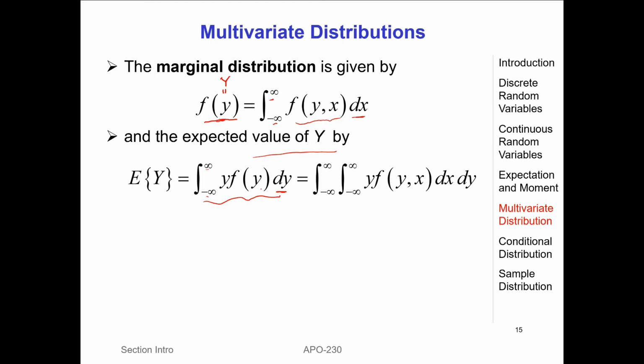And because fy in that case is given as the marginal distribution definition above, you could just plug it in here to arrive, it becomes really ugly, at the expected value of y. So that's one way to calculate the expected value of y when you're given the joint density. Okay. Now let's do one example on the board so we see that clearer.